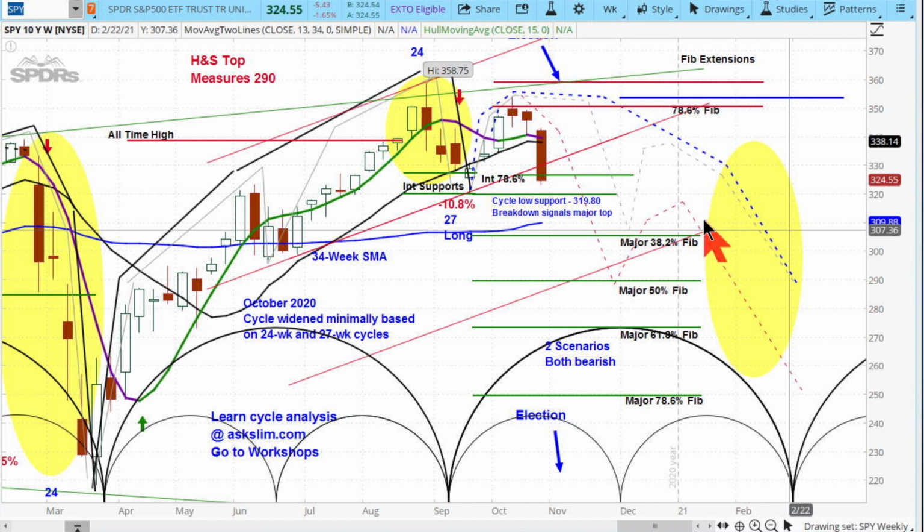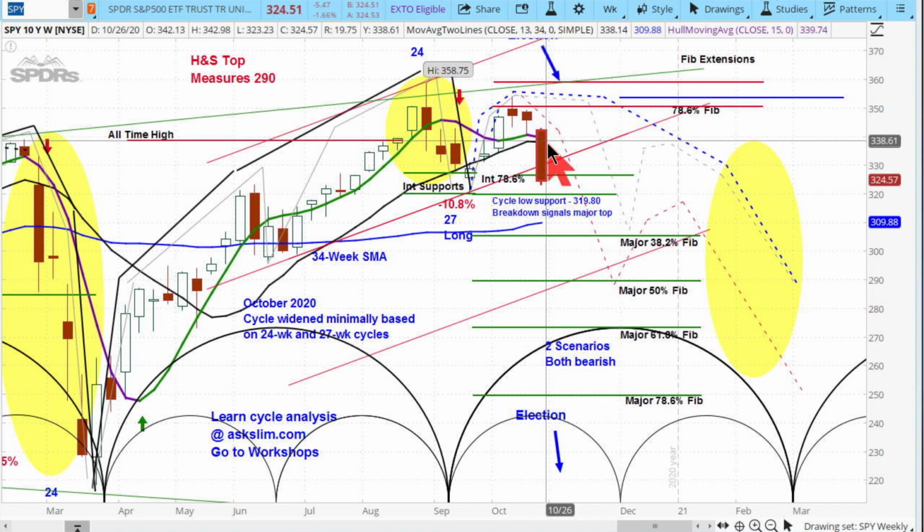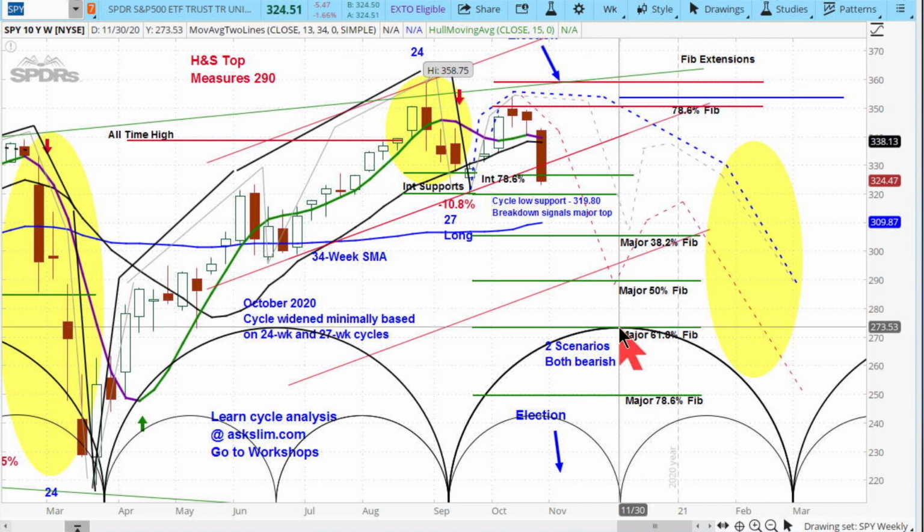My opinion is that in this minor cycle you would see this head and shoulders top satisfied, with the decline down to about 288 being the target right over here, and a potential even to get down around 273 if that happened.